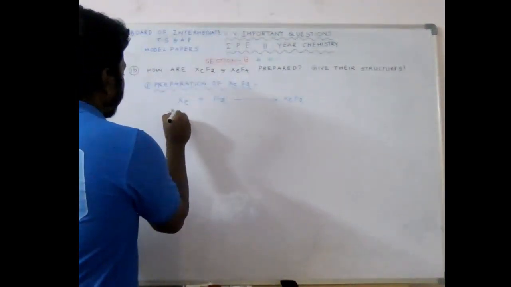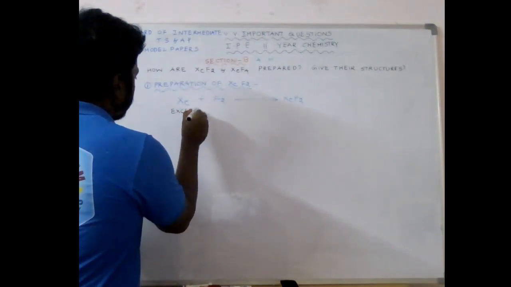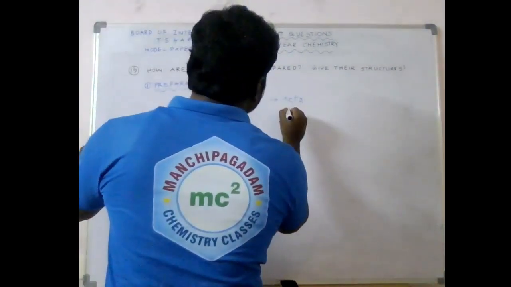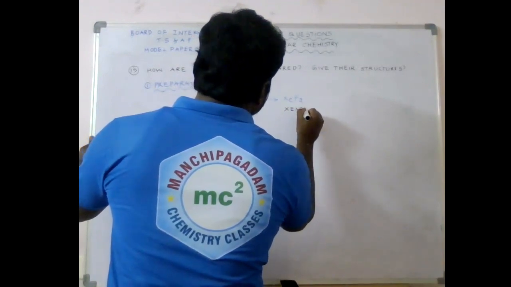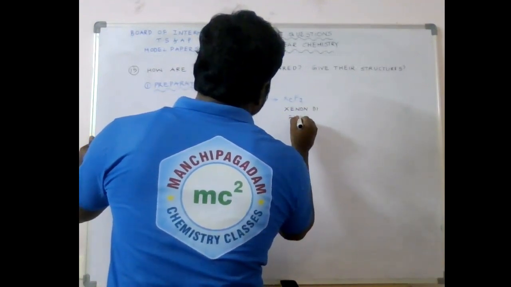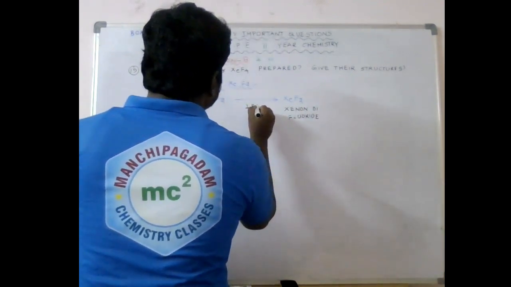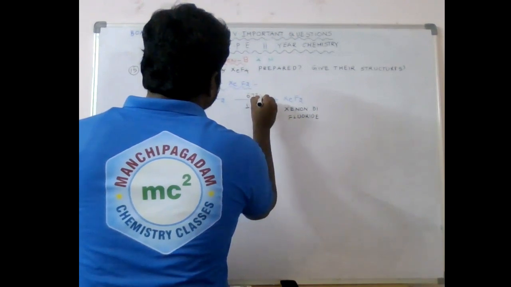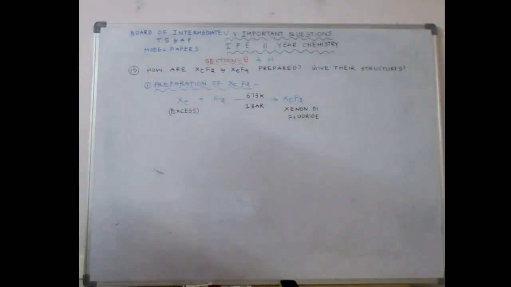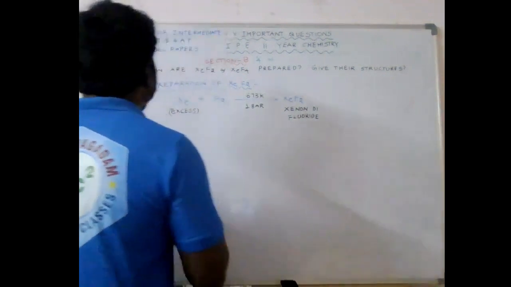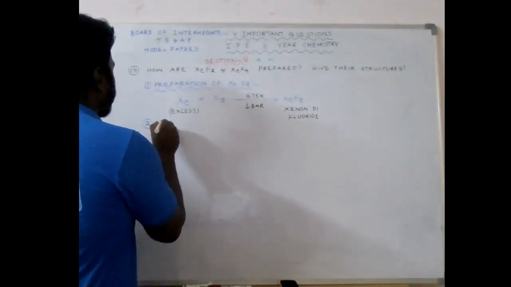Here we have to take an excess amount of xenon and a lesser amount of fluorine, then we get xenon difluoride. The conditions: we apply 1 bar pressure and maintain 673 Kelvin temperature. Xenon reacts with fluorine at 673 Kelvin and 1 bar pressure to give XeF2.